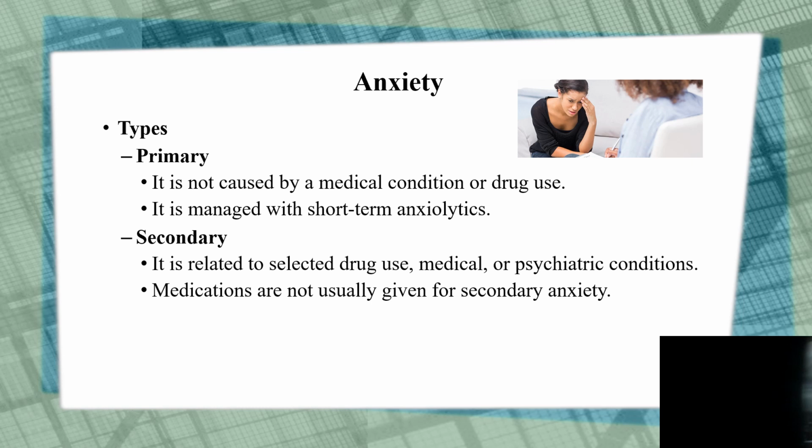It is managed with short-term anxiolytics. So primary, it's not caused by any medical condition or drug use, and it's just temporary, very short-term, and it can be managed with short-term anxiolytics.